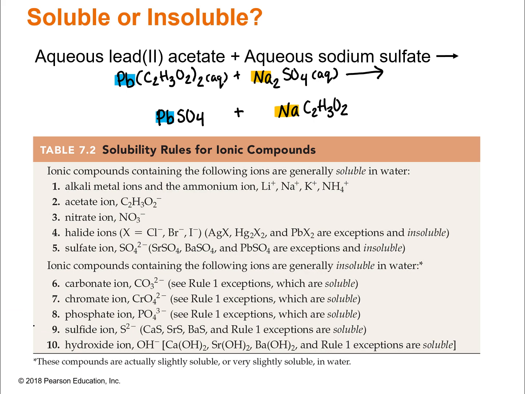We'll start with the lead sulfate. Sulfate ions are generally soluble, but there are exceptions, so we need to check. Lo and behold, lead 2 sulfate is an exception, and it's insoluble. So we put a solid there.